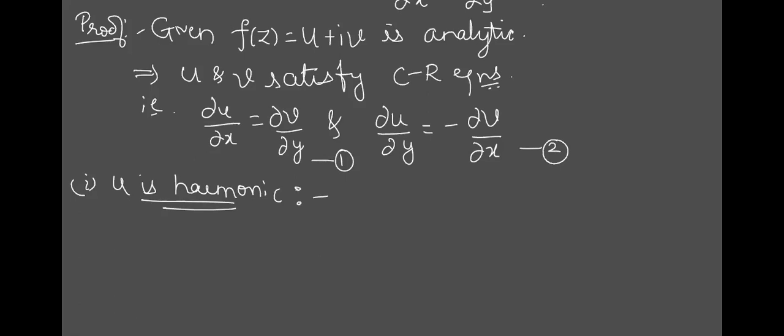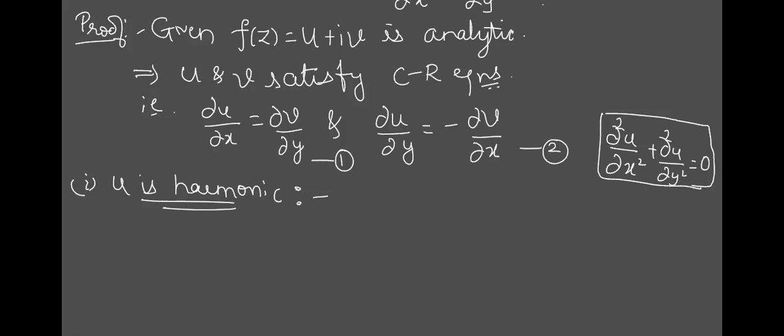It has to satisfy the Laplace equation. We should get dou square u by dou x square plus dou square u by dou y square equal to 0. If we prove this much, is it okay that u is harmonic? Yes.